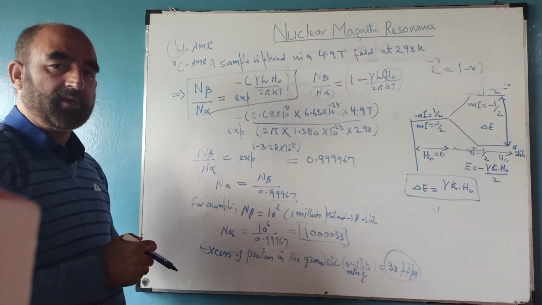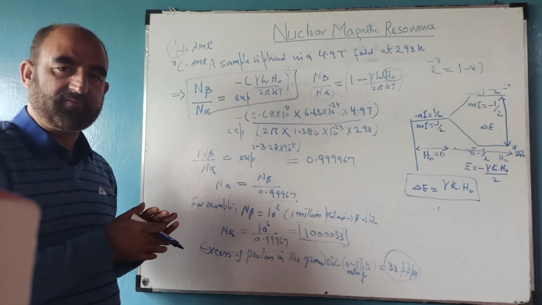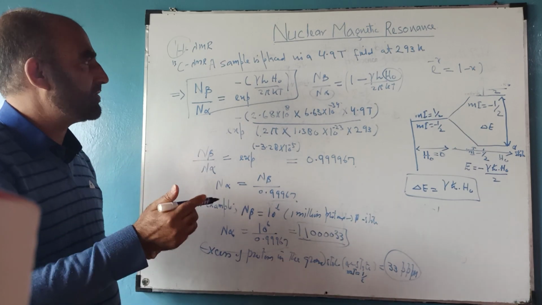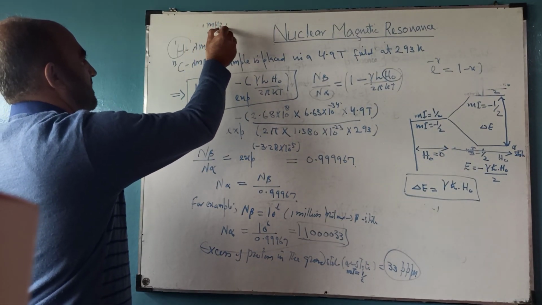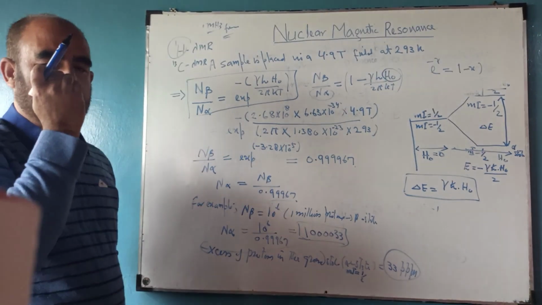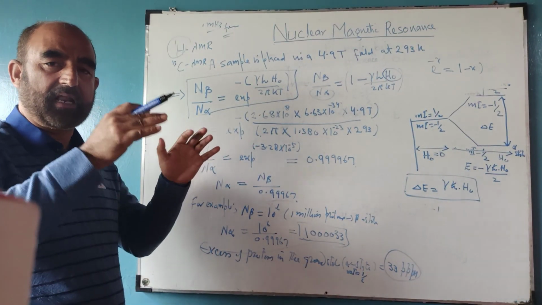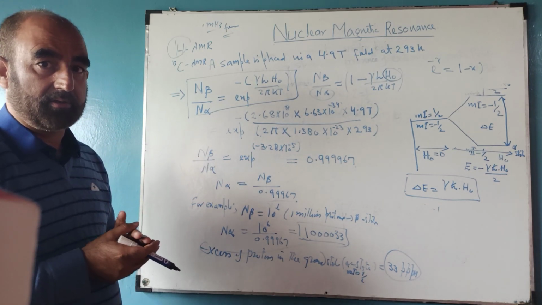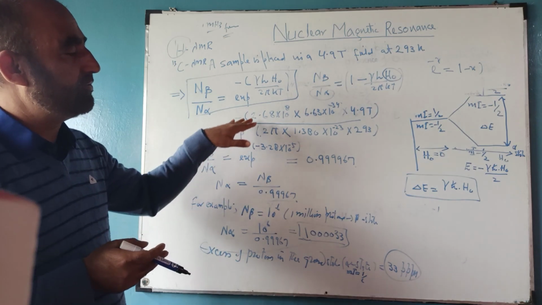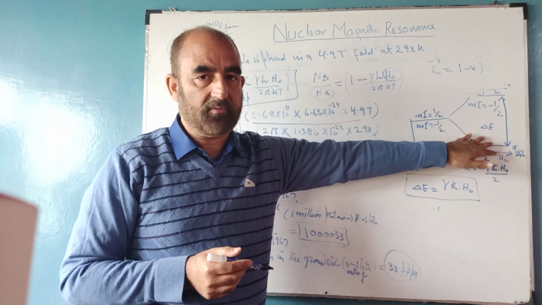So that's why in the beginning small magnetic fields were used, corresponding to, say, 60 megahertz on the frequency scale. But nowadays we are using very large magnetic fields. The important aspect of that is that if you increase the field, you are increasing the relative population in the alpha state.